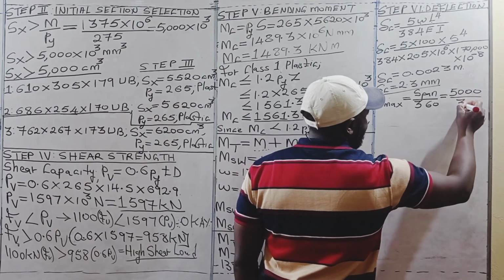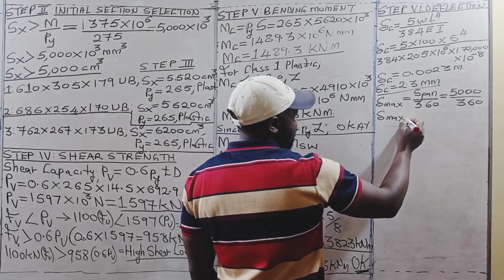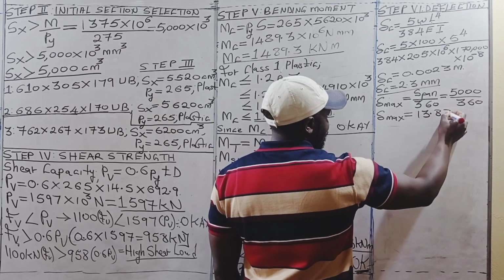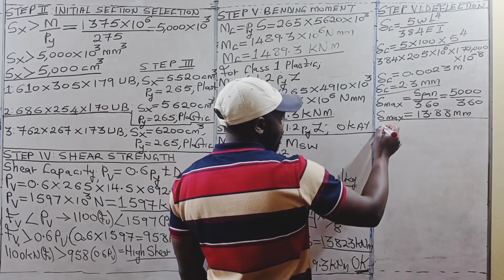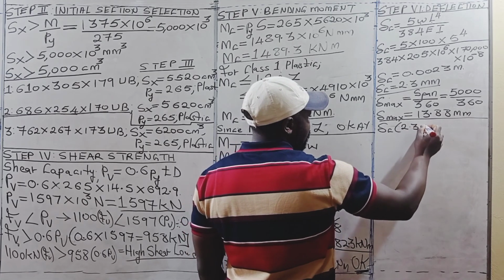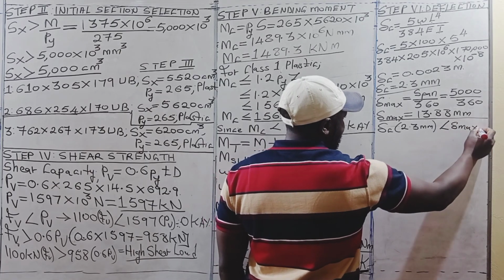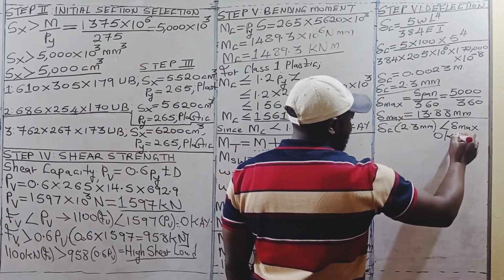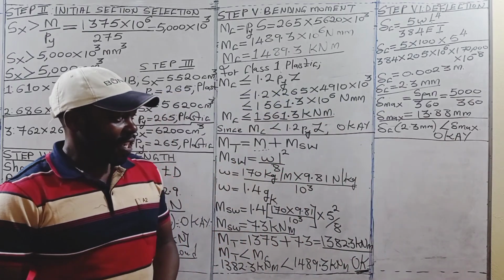And then we divide this by 360. And this is going to give us a maximum deflection of 13.88 millimeters. Therefore, we find that the deflection at the center, which is 2.3 millimeters, is less than the maximum deflection, which is 13.88 millimeters, and therefore our section is very much okay. The section you have selected is very much okay.